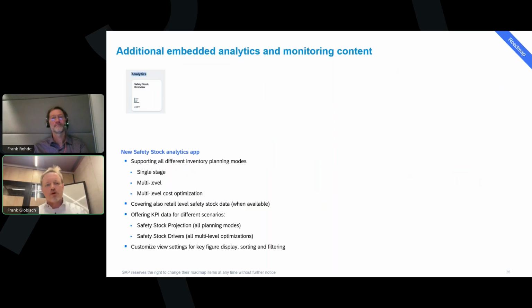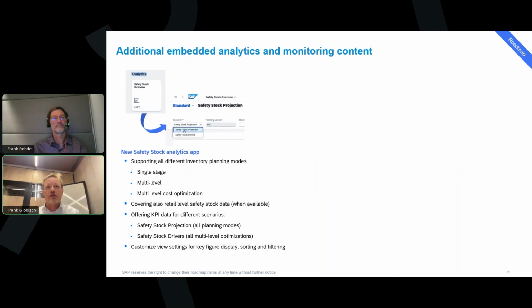Beyond that, we also understand that it's very important to look at data on an aggregated level, and therefore we are also planning to offer new additional embedded analytics in our solution. What you see here is a preview of a new safety stock analytics app that we plan to release next year. Of course, this one supports all different planning modes, meaning the single stage and the multi-level that Frank just showed a few minutes earlier, but also this planned new multi-level cost optimization that I talked about.